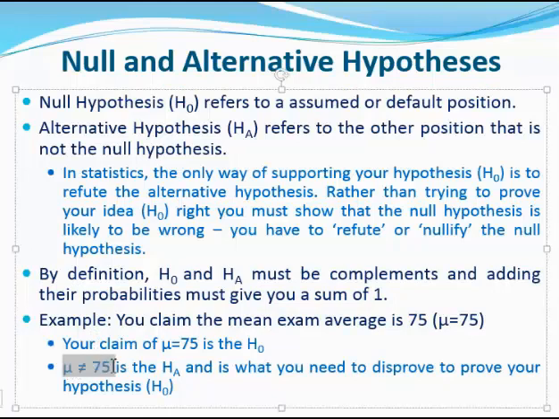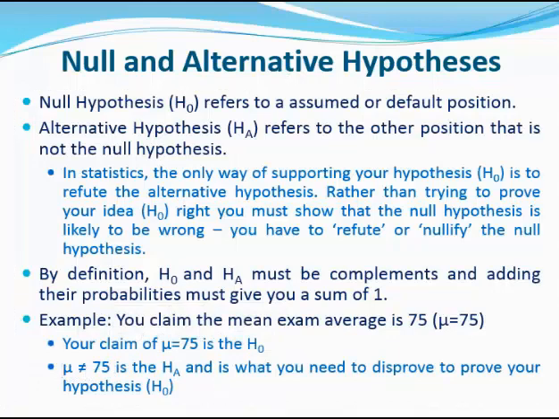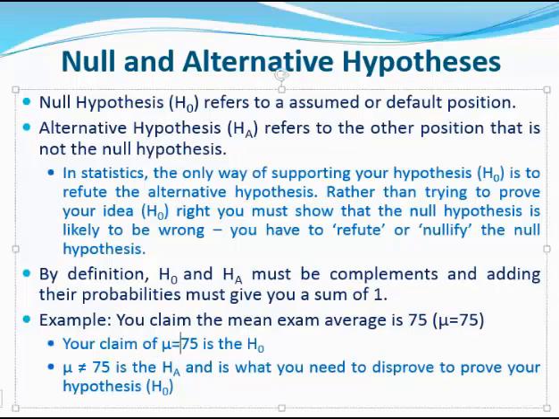The mean not being 75, mean not equal to 75, is the alternative hypothesis, and that's what you need to disprove in order to prove your hypothesis. So for example, if we use the charts, if we use the experiments, and we use either the t-distribution table or the z-distribution table, depending on our sample size, and we prove to a 95% certainty that the mean not being 75 is not true, then we can say that we have established to a 95% certainty that our mean is 75.